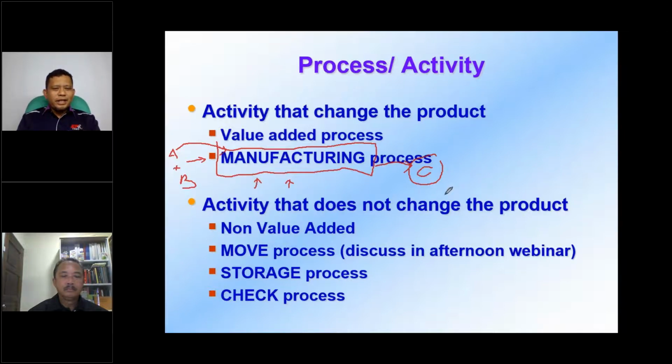So this process we normally identify as a movement activity, or move process. Another example of a move process is bringing material from the warehouse to the front of the reactor and then charging it to the manufacturing process. That is a move process.